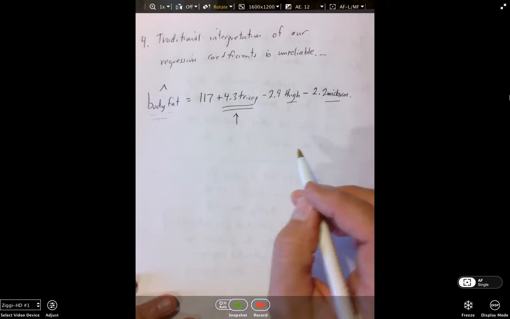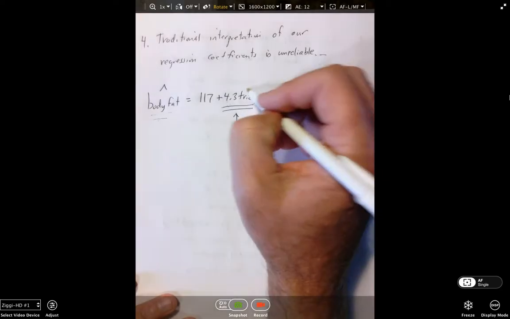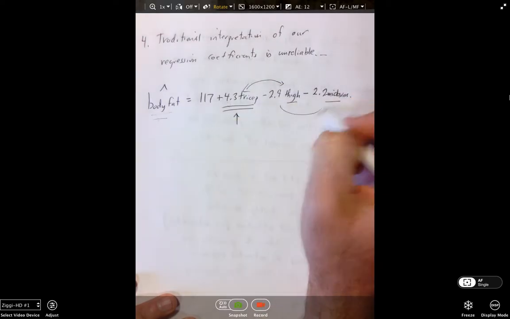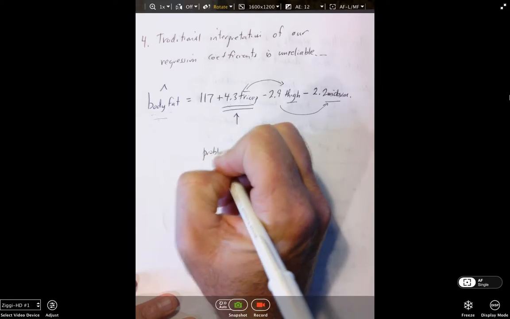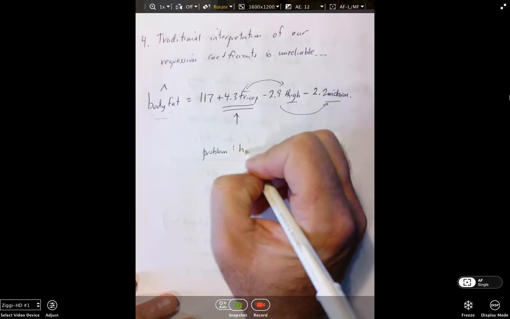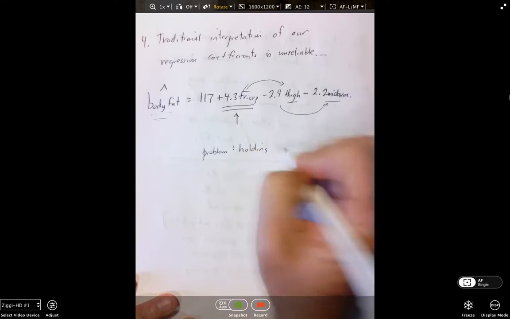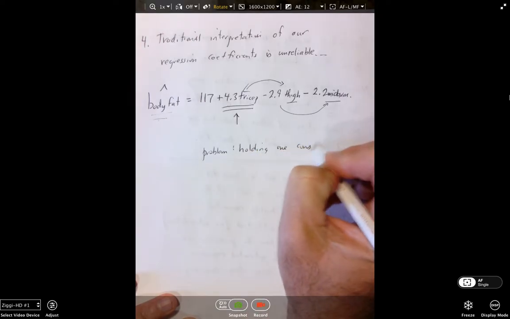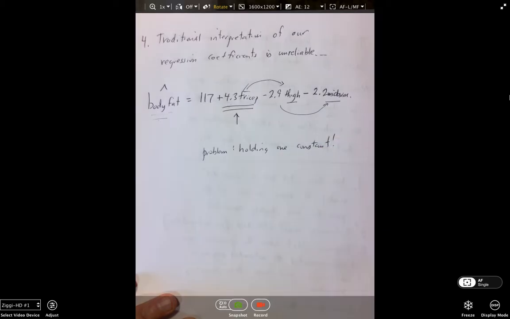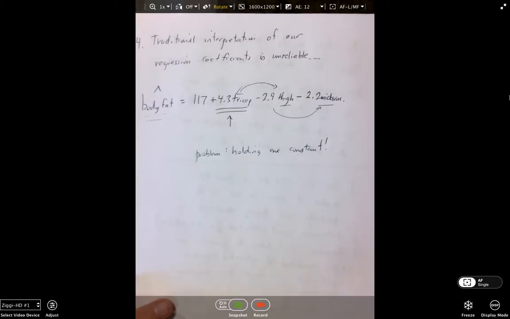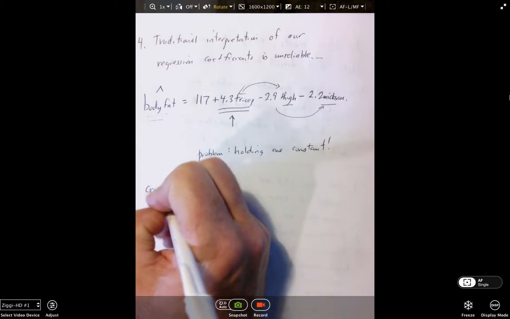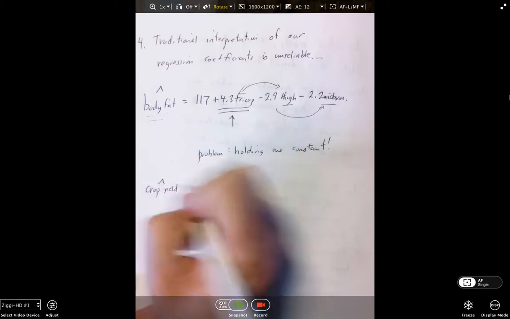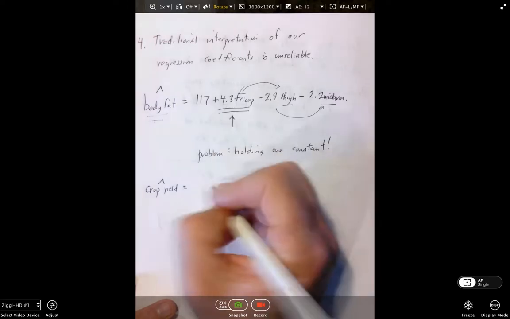And the problem actually becomes when these things are actually related. The problem is holding one constant. So think it through. If two things are highly related, how do you hold one constant without affecting the other one? I found this example in one of the books. Actually, I think it was DeGroot, but it may not have been.